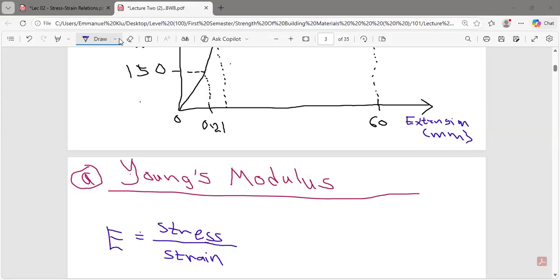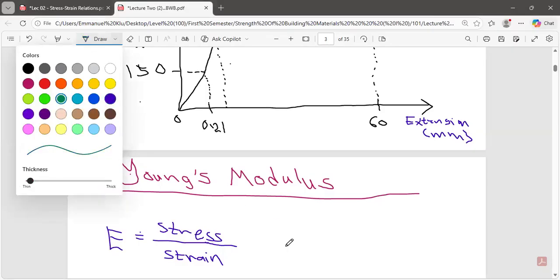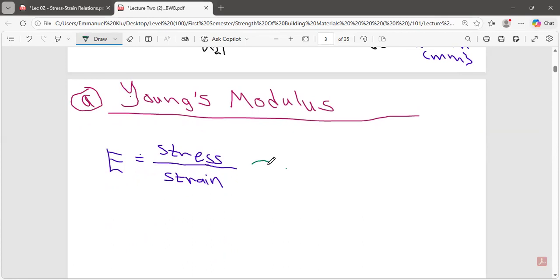We know that stress is equal to force over area. So this can also be written in a simpler form, the stress being expressed as P over A, force over the area. But in this case, it's not just any area, but AO, that is the original area.